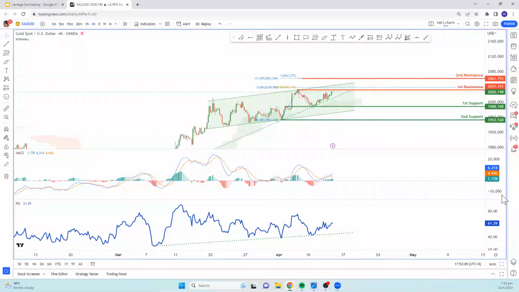Okay, we have a little bit of time. I have a question on Kiwi dollar, so we can go ahead and quickly just go through it.